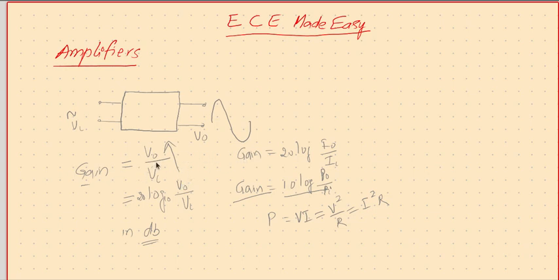So you want to characterize an amplifier. It can be a current amplifier, a voltage amplifier, or a power amplifier, depending on what it is going to amplify. Then quantitatively you can find out how the amplification is done. This is the gain or amplification factor.